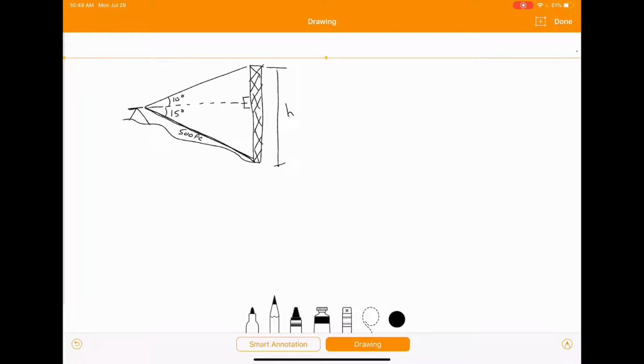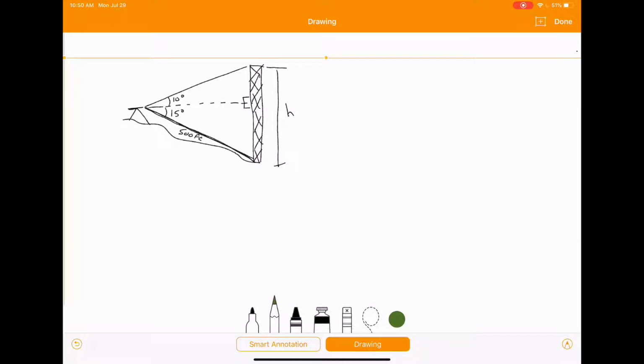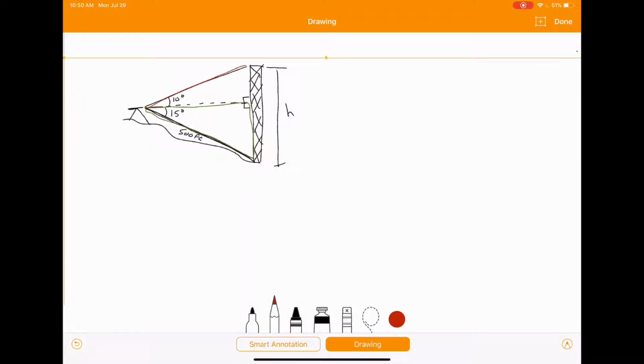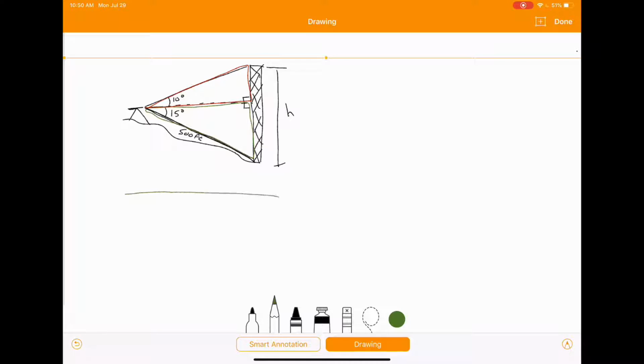When you're looking at this picture, you can identify a couple different triangles within it. The first one I see is this triangle here, and then the second one is this triangle here. So we'll go ahead and look at that first triangle. Again, we've got a right angle there.